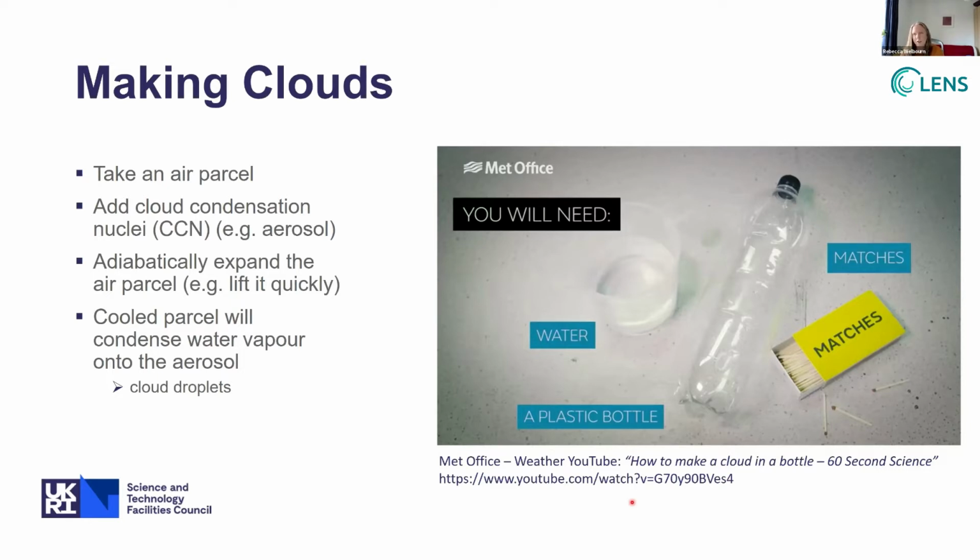Now, this process alone in the atmosphere is typically not enough to get the water to condense on its own. Instead, what we need is some sort of surface to act as a nucleation point. And this is where the aerosol comes in. It provides a surface for the water to condense onto, acting as cloud condensation nuclei.